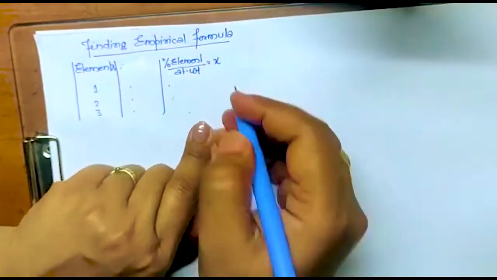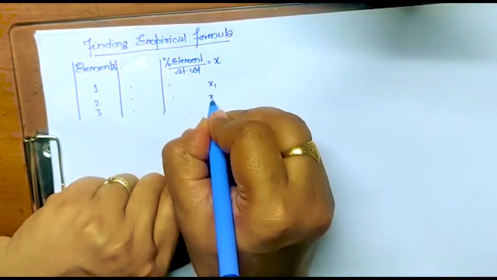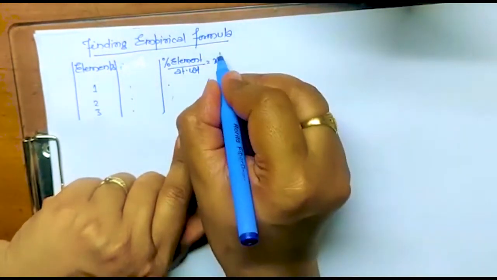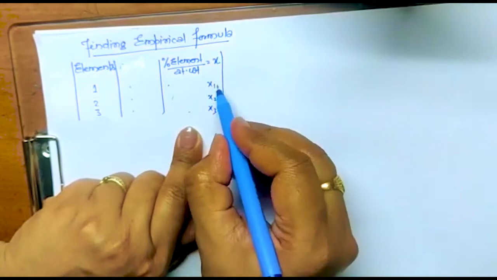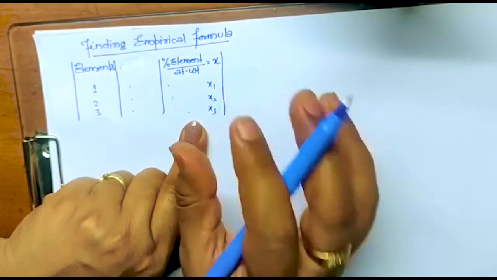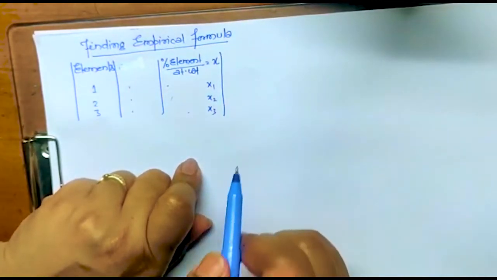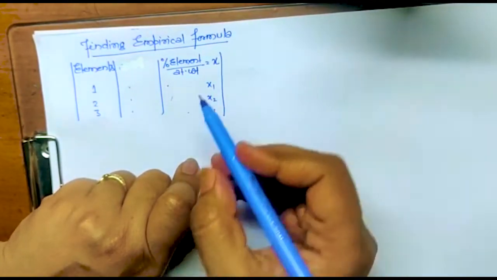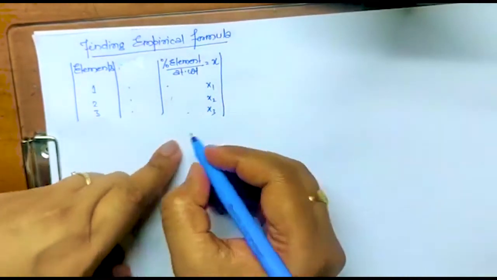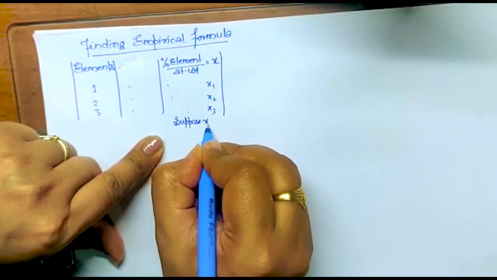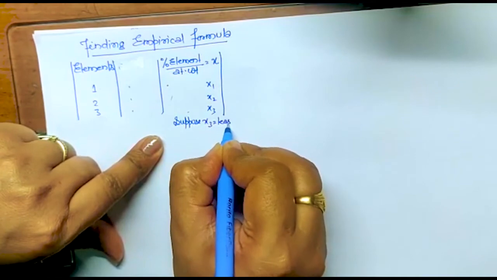The values that come, suppose x1 for this, x2 for this, x3 for this. In the next column, out of these three values, the one which is least, you will divide all of them by it. Suppose x3 is the least value.